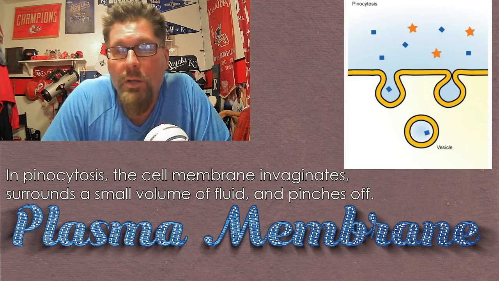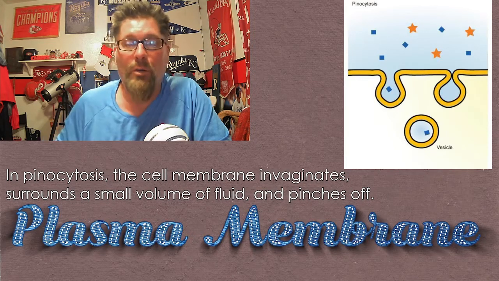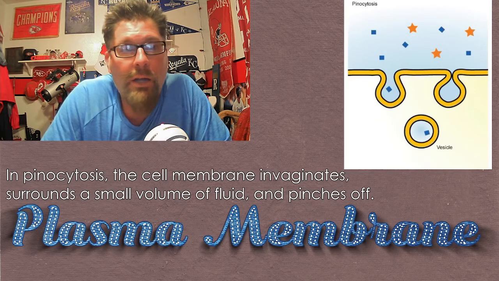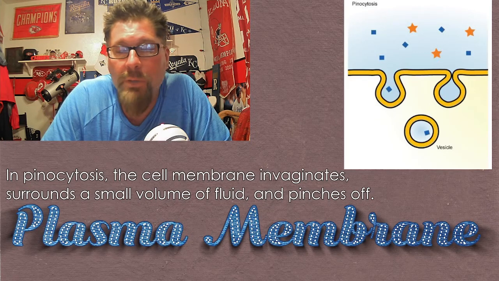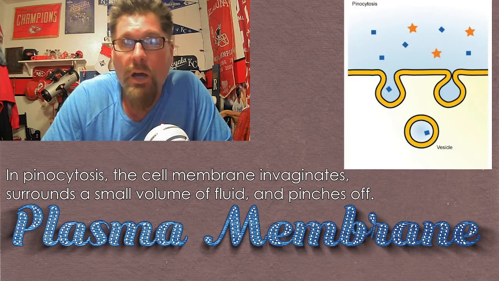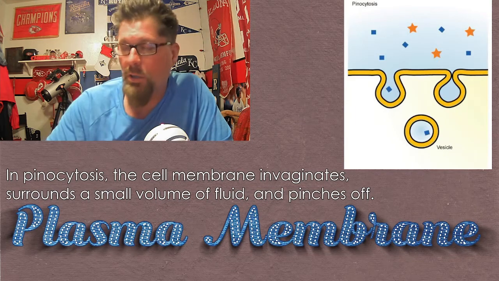The plasma membrane just engulfs it, pinches it off, and the rest of the membrane just reattaches. And again, the flexible nature of that is what the fluidity of the membrane in the fluid mosaic model is all about.